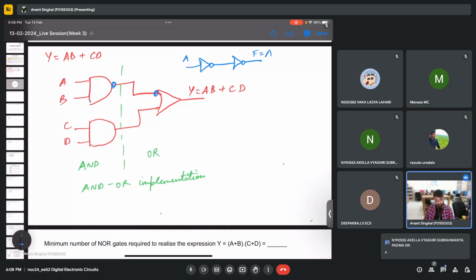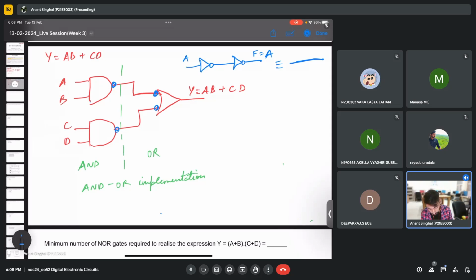Yeah, so it will be A, right? It will act as a buffer. So two NOT gates are equivalent to a wire only. So this is what I have done. I have taken two NOT gates in series here and two NOT gates in series here. I hope it is clear that the circuit has not changed at all.